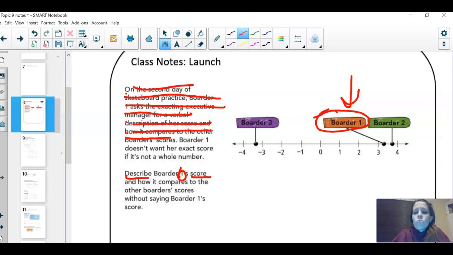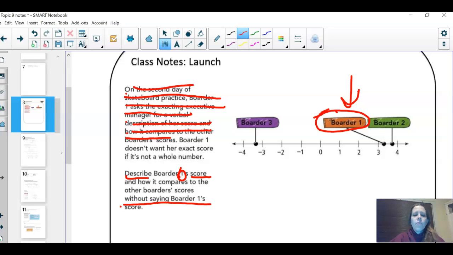Necesitas describir sus puntos and how it compares, y entonces necesitas comparar sus puntos a las otras personas, her points to the other people, without saying Boarder 1's score. Okay, so it's a little tricky because there's a lot of words. Hay muchas palabras en esta pregunta.